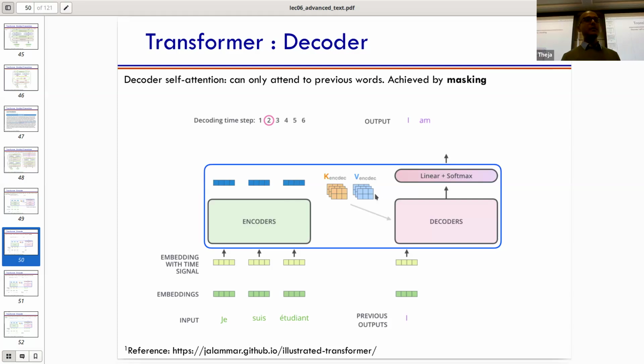So this happens sequentially. The only thing to note is that because it's happening sequentially, at any given point of time, if I have decoded 3 words out of potentially 6 words, then decoders, just like encoders, have a fixed maximum number of words that they can process, like 20 or something. The remaining locations are all basically zeros. They're not really active.